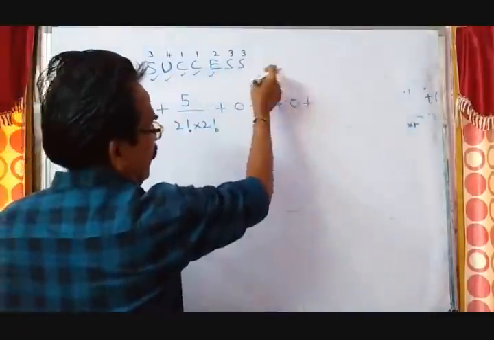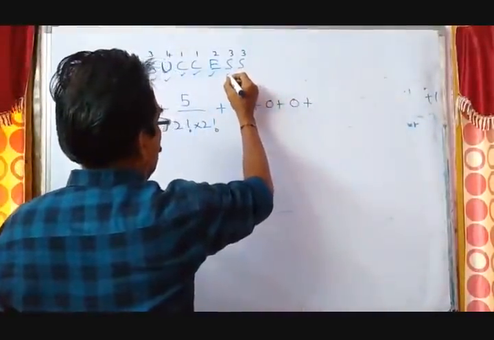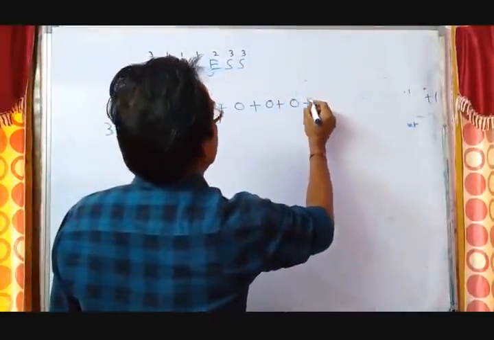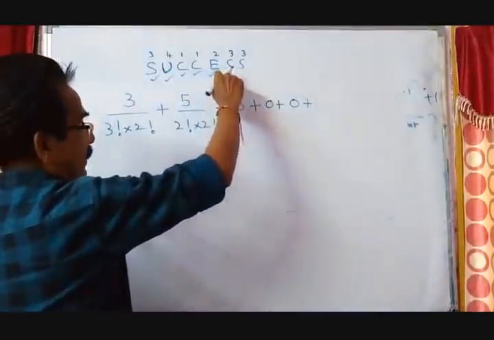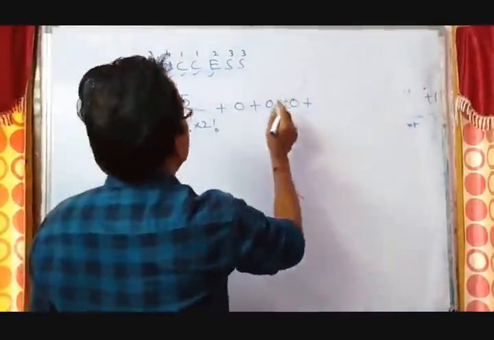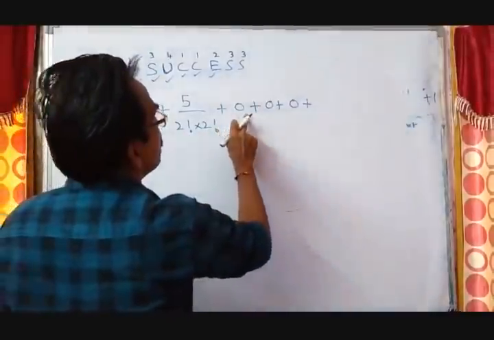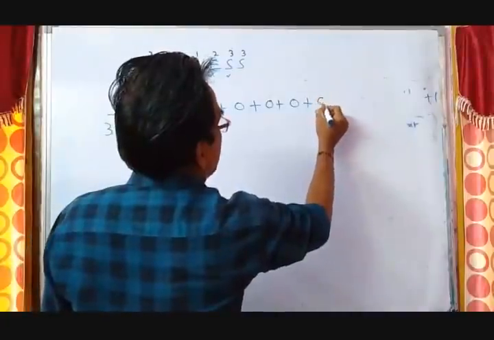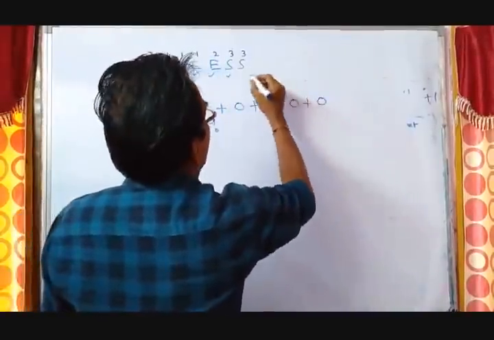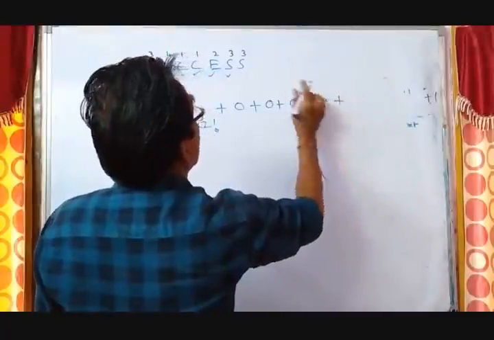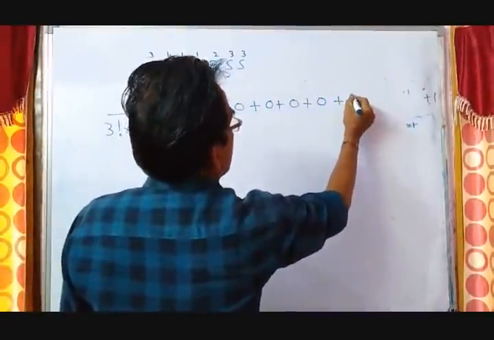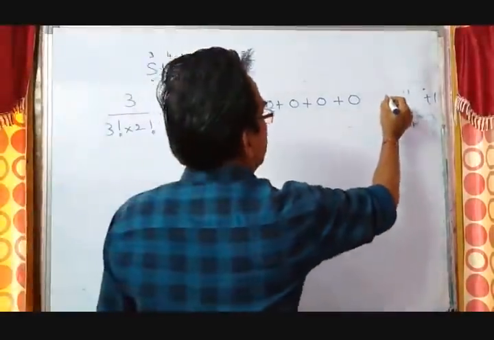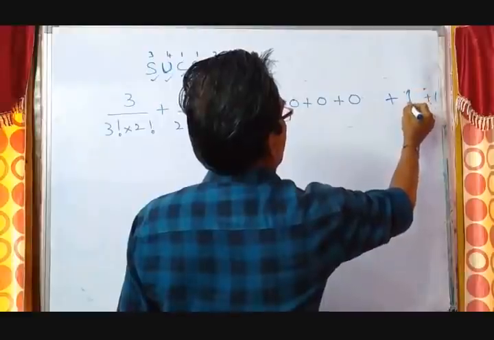Plus, now we are considering the last S, U, C, C, E. There are no smaller letters than S. So all are zeros. Plus 1. This we should not consider.